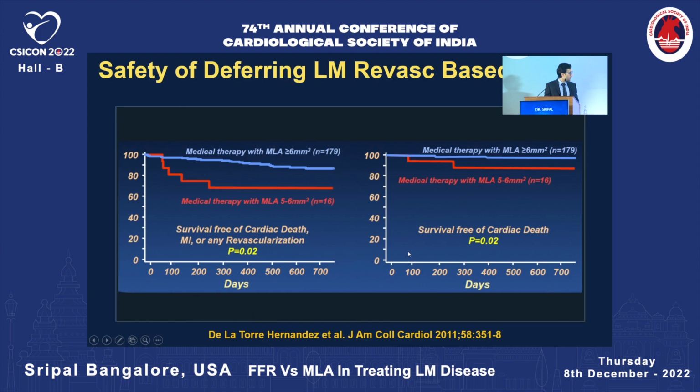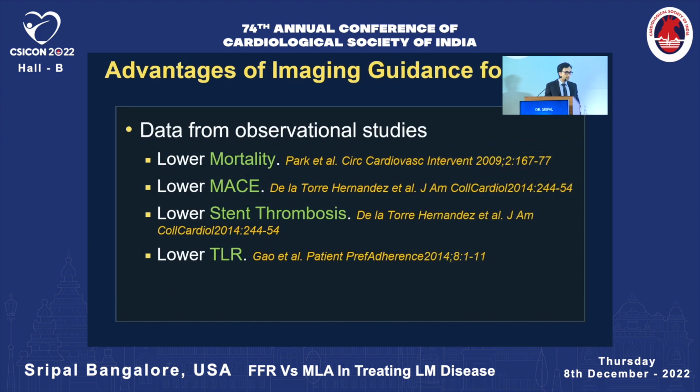Okay, in the interest of time, there are a number of data, all observational studies, looking at whether you can defer revascularization based on FFR or on MLA thresholds. And there have been data suggesting that there is safety of doing such an approach. Finally, all we talked about so far is diagnosis of left main severity. What about imaging guidance for left main PCI?